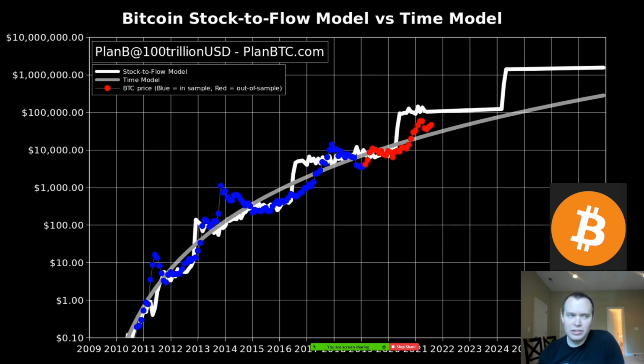I guess one point there: if the Bitcoin price goes to 100,000 or beyond this year, before Christmas, I think that would change this gray line. Well, I think it depends on how long it spends there. If it spends a day or two, or if it goes to 150K and hangs out there for a couple of years, yeah, sure.